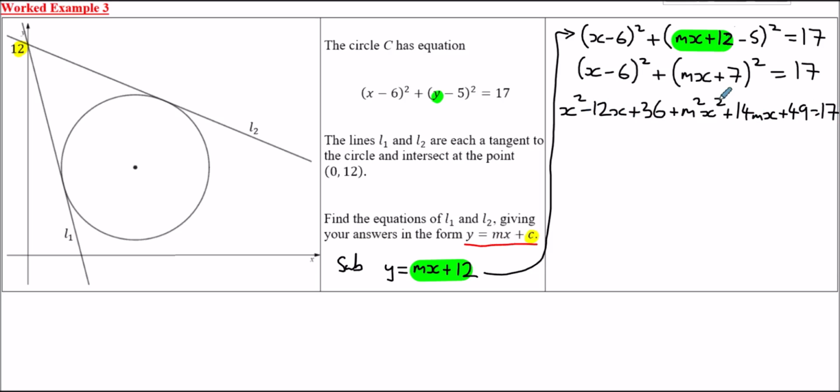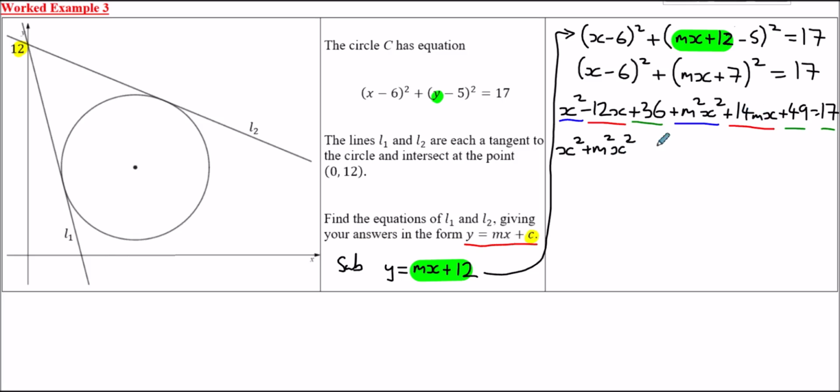So let's simplify this a tiny bit in two different steps. I don't want to overwhelm. So let's just see here that we've got x squareds here and here. We have x's minus 12x and plus 14mx. We also have constants. We've got positive 36, positive 49, and a 17 on the other side. What we're going to do is rearrange this to be equal to 0. So getting the x squareds together, we have x squared plus m squared x squared.